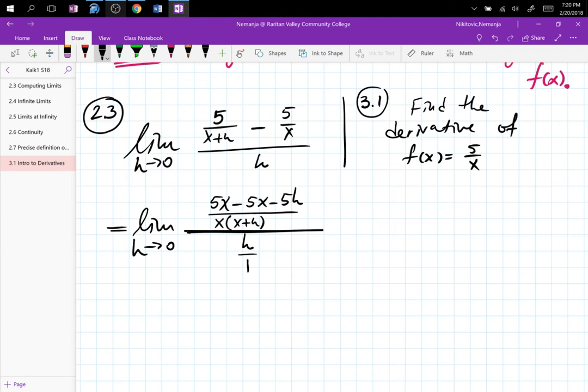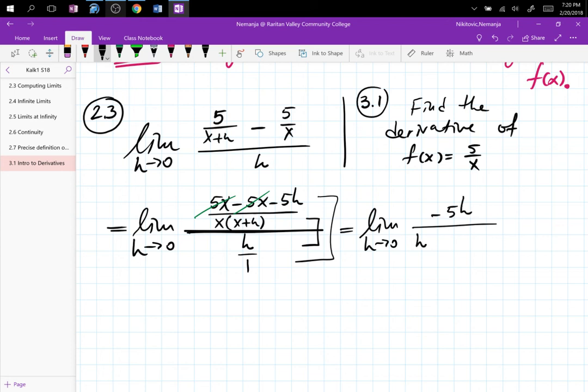So now we have the limit as h goes to 0. First of all, this 5x dies, right? Now what you have is two that are far apart multiplied on top, and two that are close by multiplied on the bottom. So negative 5h times 1 is negative 5h.